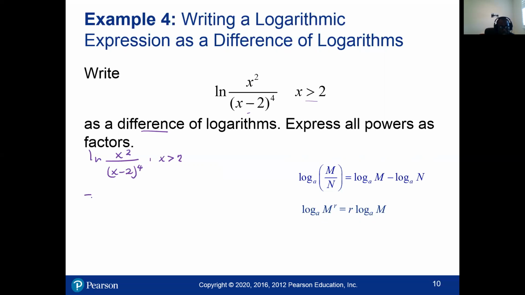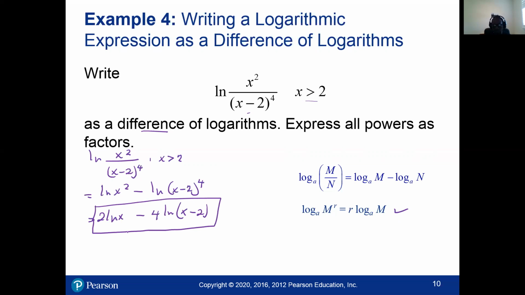We use this property, so it becomes natural log of x squared minus natural log of x minus 2 raised to 4. Then we use this same property again. It becomes 2 natural log of x minus 4 natural log of x minus 2. And that becomes your final answer.